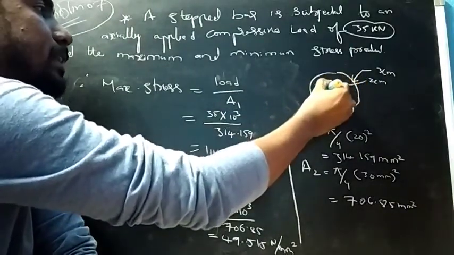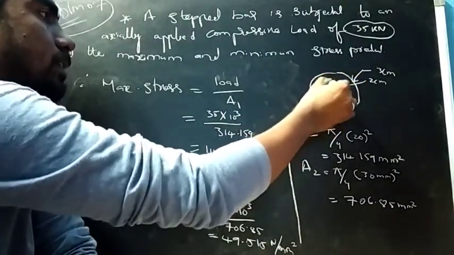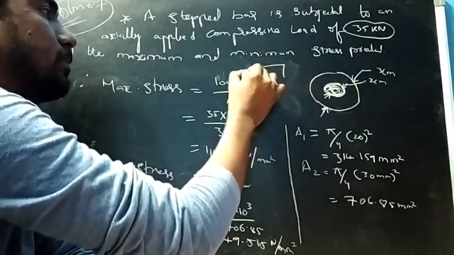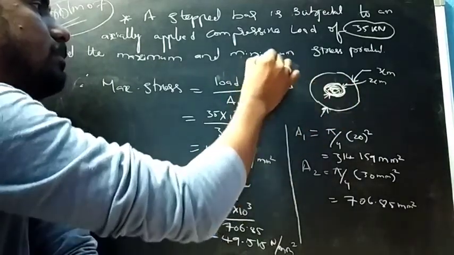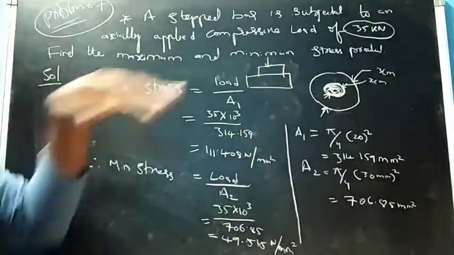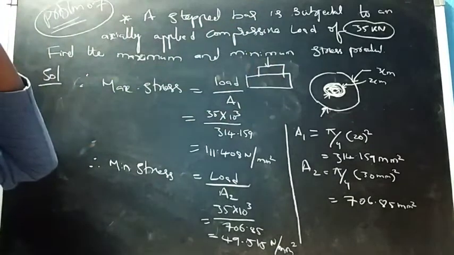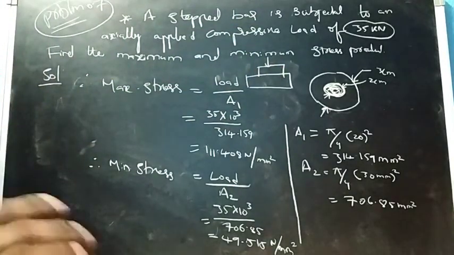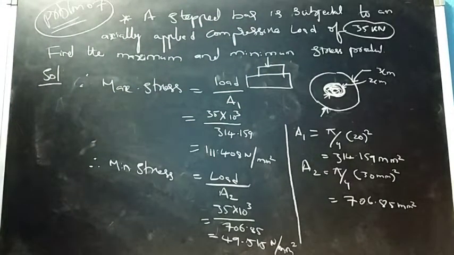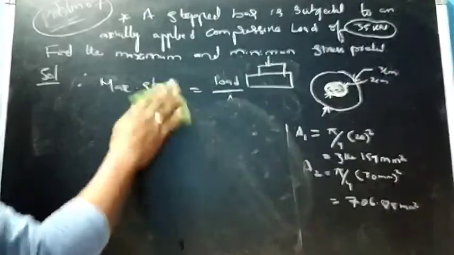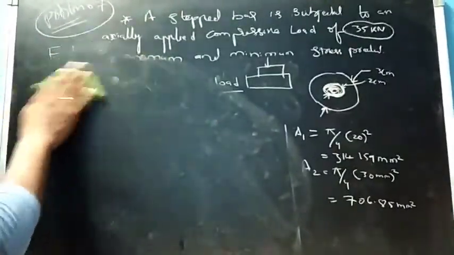We know that wherever there is minimum cross sectional area, that means there will be maximum load per unit area, maximum stress will generate, right? Now we'll see an analysis of bar of various sections.